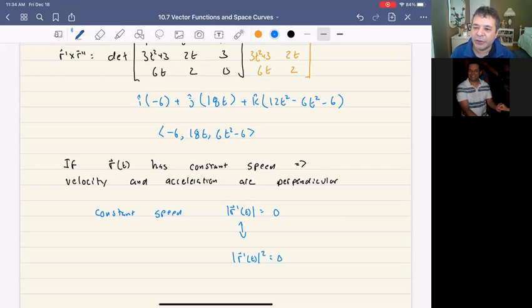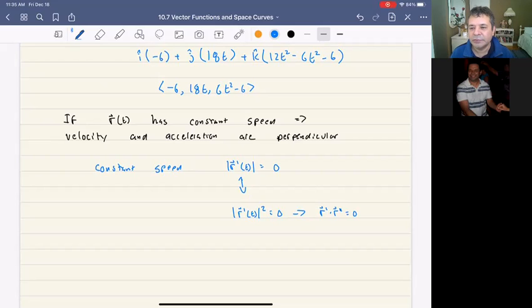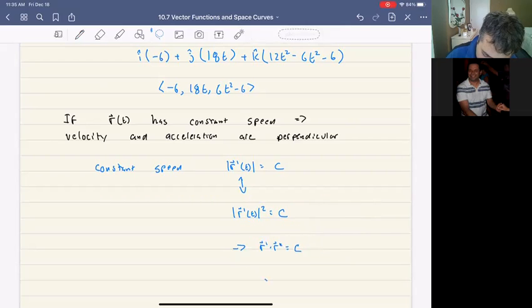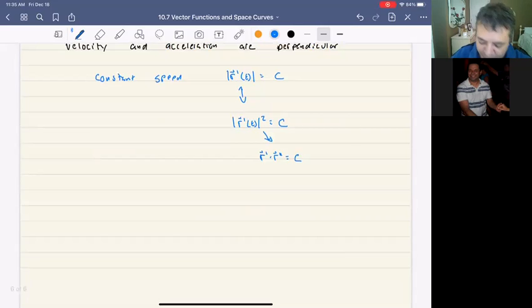Okay, so this, though, actually means that r prime dotted with r prime equals a constant. Sorry, constant speed means this is constant. Oops, sort of gave it away. I hate when I do that. Just kidding, I'm fine. Okay, so now I'm going to take the derivative of both sides here.